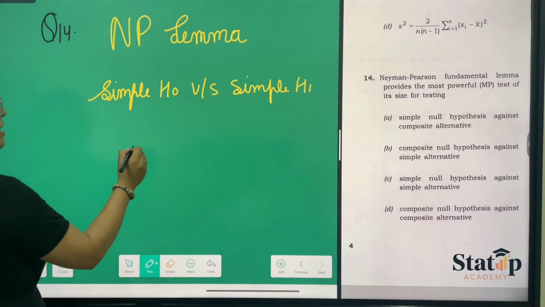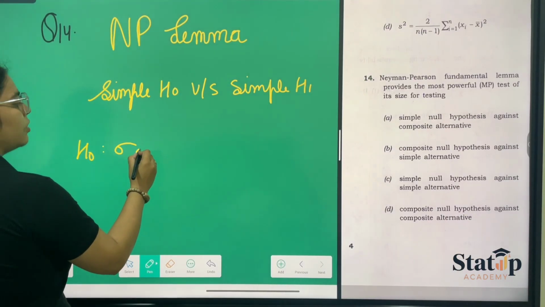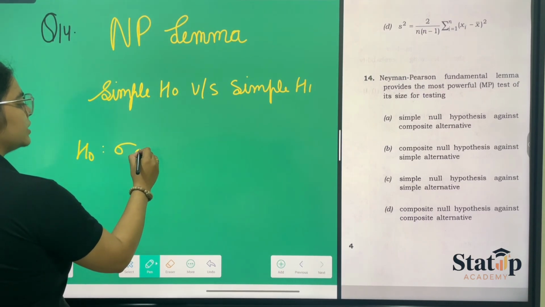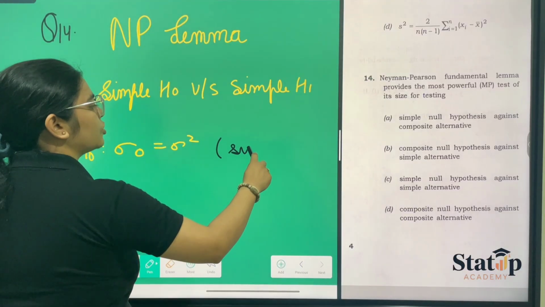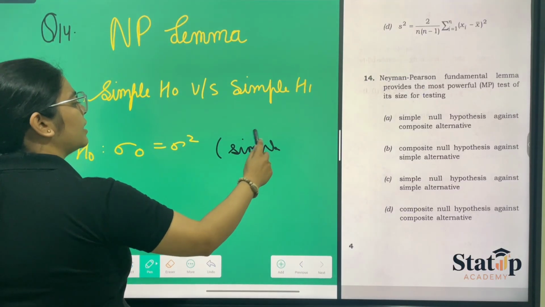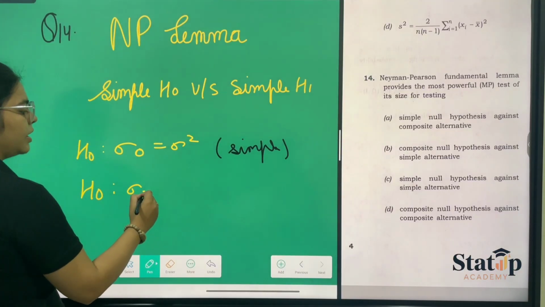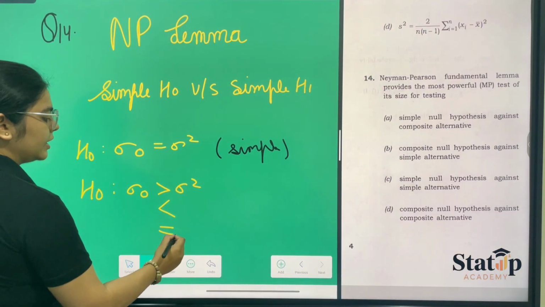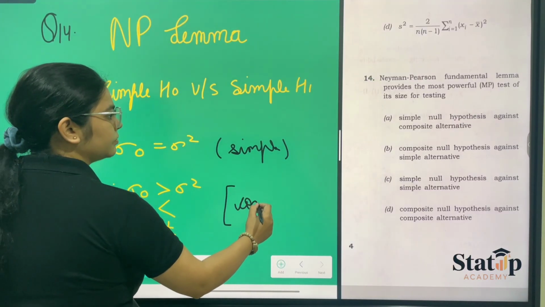If we say that H naught is sigma naught equal to sigma square, this is a simple H naught. And if I say that H naught is sigma naught greater than sigma square or less than or not equal to, then we will say that it is composite.